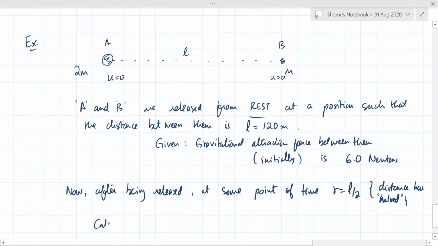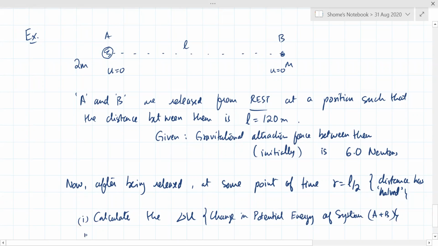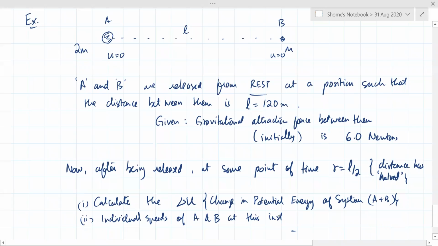So calculate delta U, the change in potential energy of the system A plus B, and the individual speeds of A and B at this instant, that is when R has become L by 2.